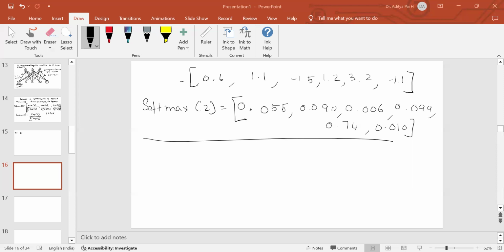And your y hat is nothing but a of n. So this is your explanation for the feed forward network.